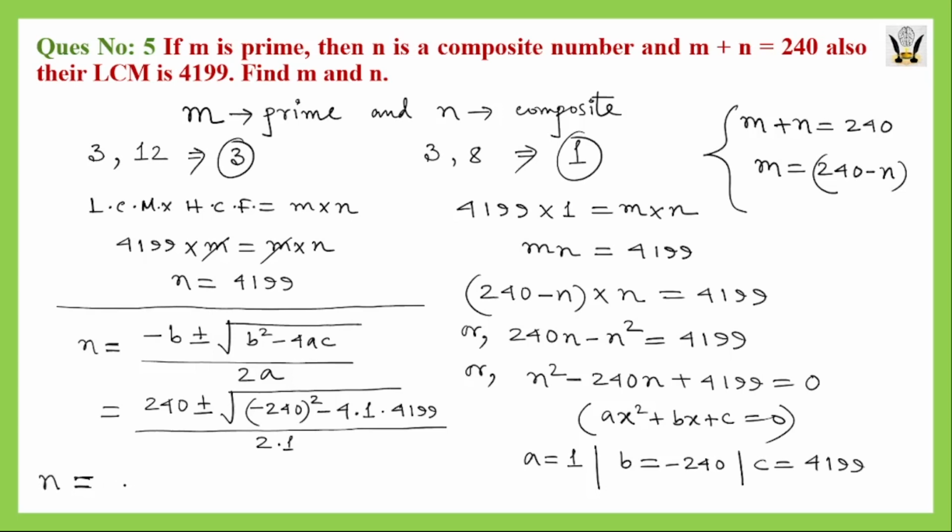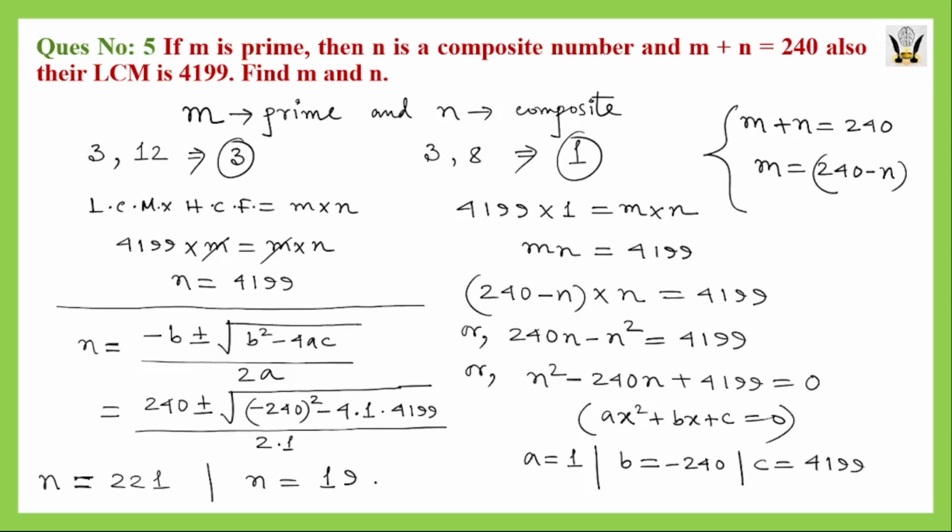For the first case, when we consider the plus sign, 240 plus the square root of our final value after this calculation, divided by 2, the value will be 221. For the second value of n, with the negative sign, 240 minus the same square root value, divided by 2, that value will be 19.